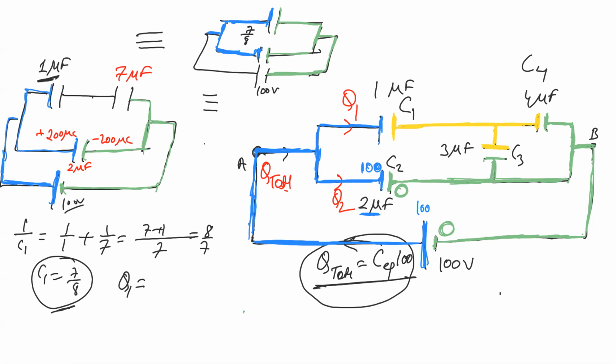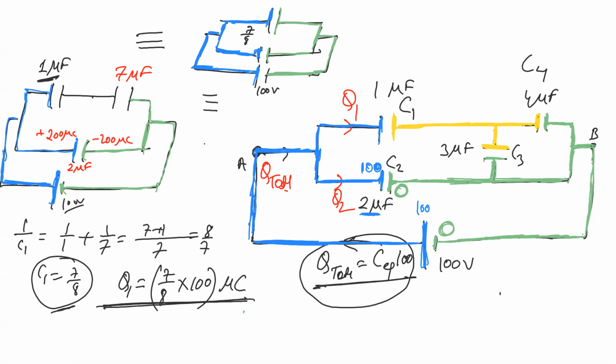So what will be the value? Tell me how to calculate. Now this is the easiest thing. You can see the battery is giving 100 volt across 7 by 8 as well as for 2. So for 7 by 8, it will be 7 by 8 into 100. This much charge will come in microcoulomb, because it was microfarad.